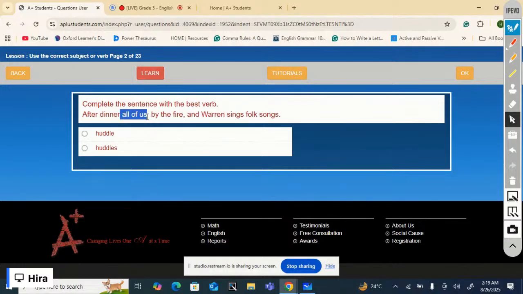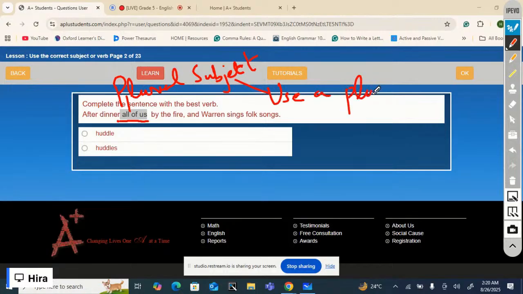So obviously, again, the subject is plural. All of us, again, plural subject. Now, the subject agreement rule says if the subject is plural, use a plural verb.